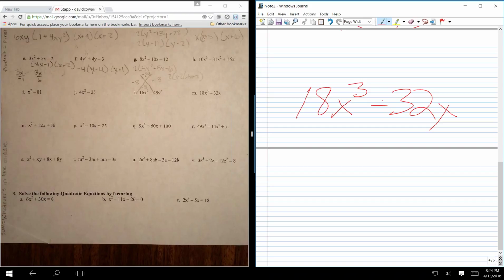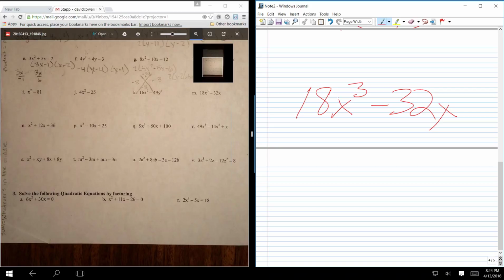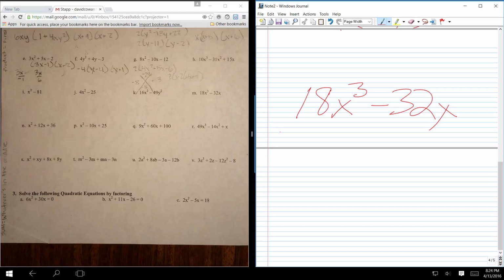They're both even numbers. Does 6 go into 32? No. So just 2. Also a variable. What's the variable that you can take out? Just x cubed? Just x. In other words, I can factor out a 2x.